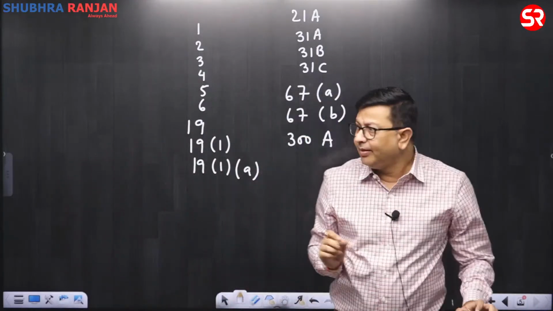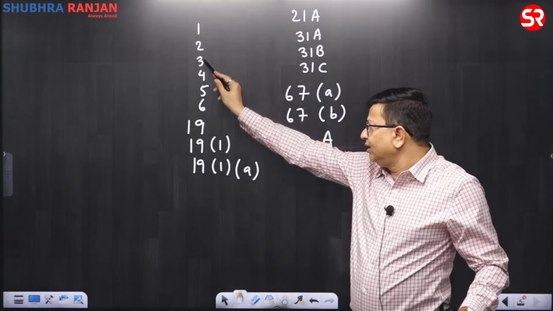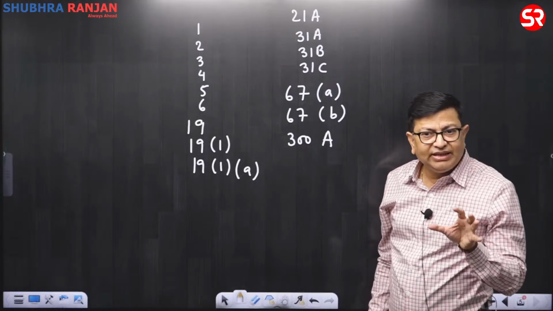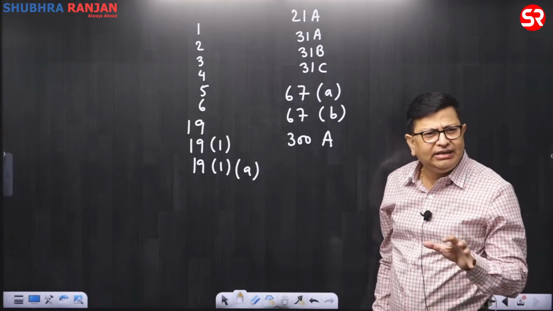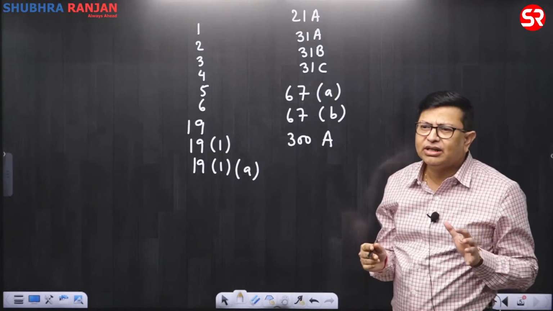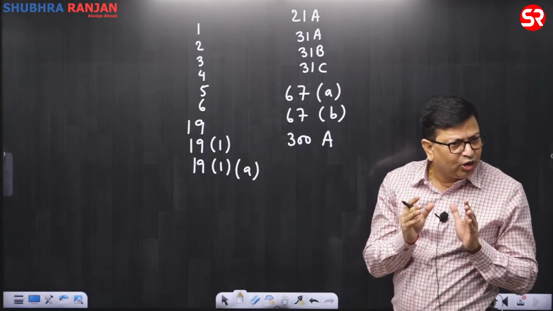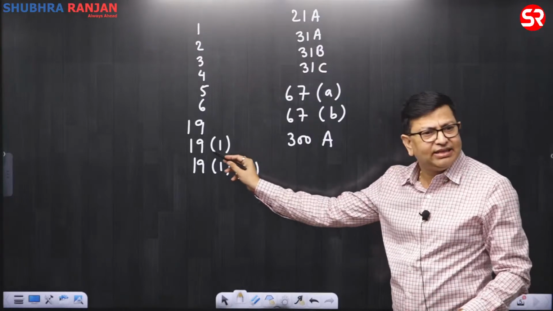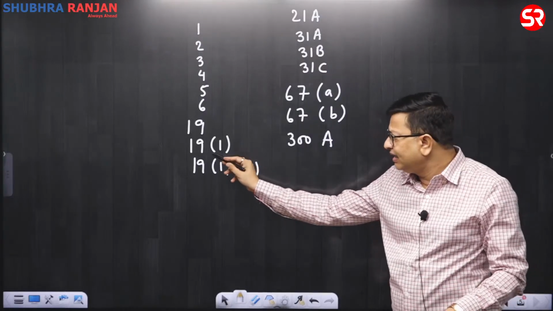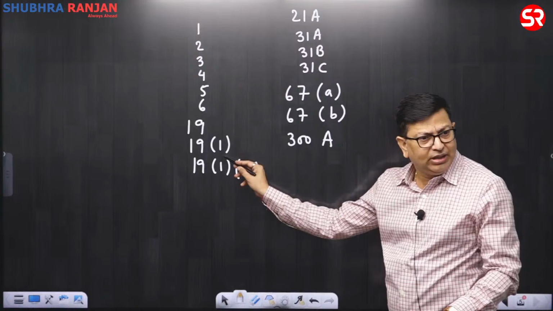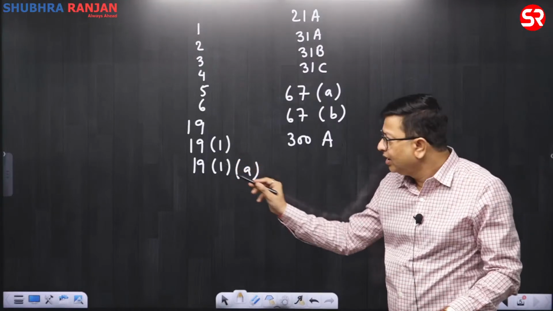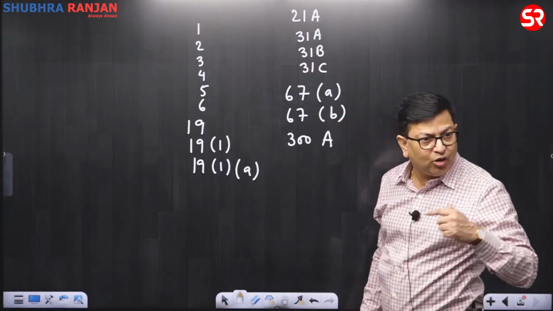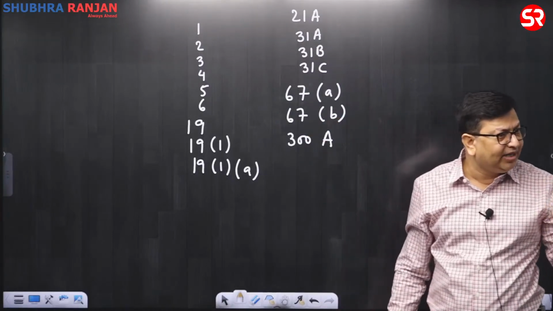Article 1, Article 2, Article 3, Article 4. Some of the articles can be multi-dimensional, can be broader. Then there will be clauses in those articles. The clauses are written like this. If I say Article 19 clause 1, you need to write like this, okay? And the clauses can also be written like this. Our constitution makers have interchangeably used it.